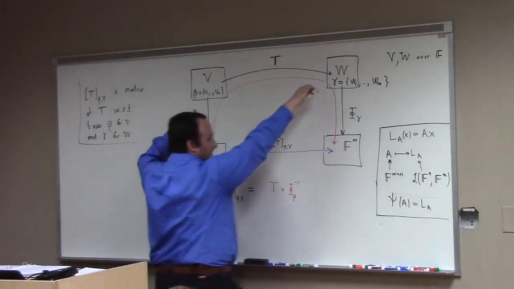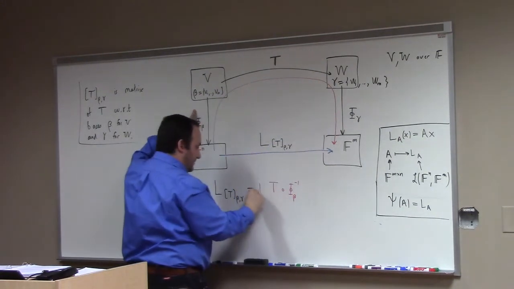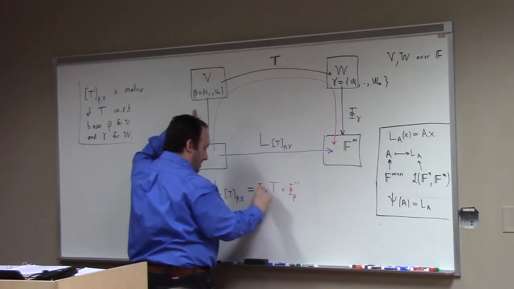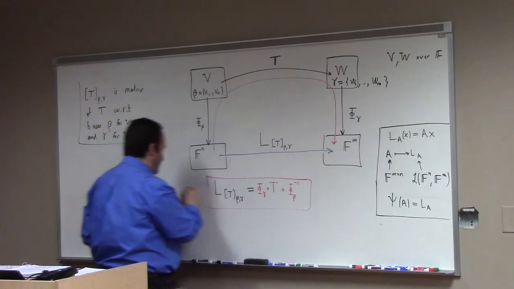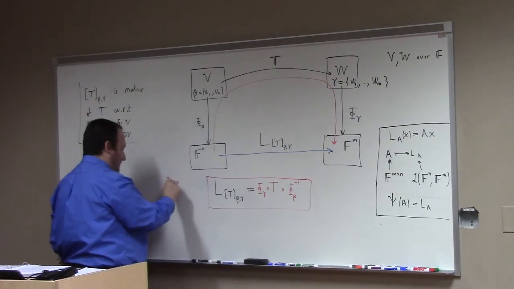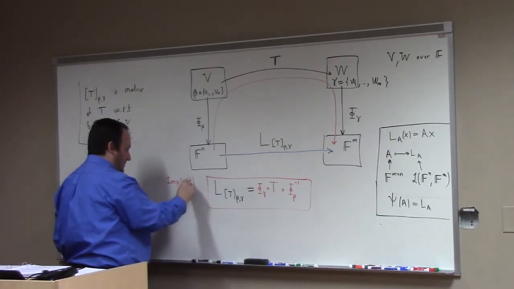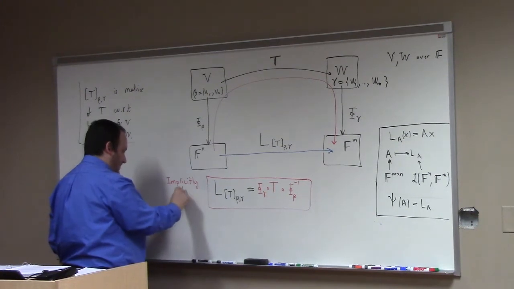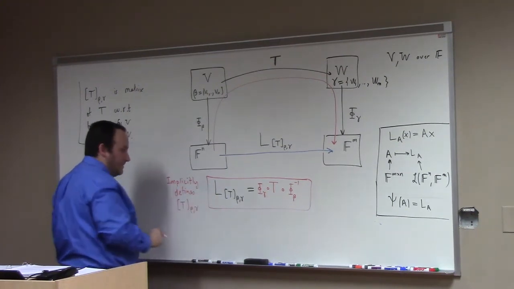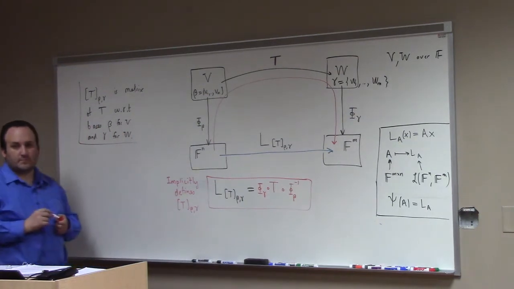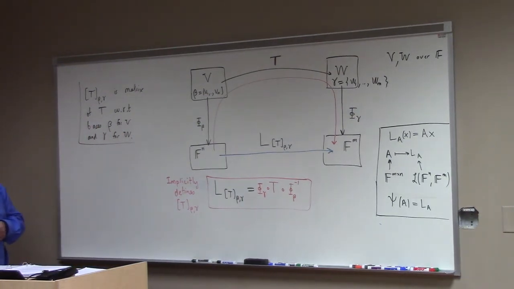And then I finish by going phi gamma down. So this right here implicitly defines the matrix of T with respect to beta gamma. I use this implicit definition to prove a few things about these kinds of matrices. So I wanted to go through this with you so you can understand those proofs better.